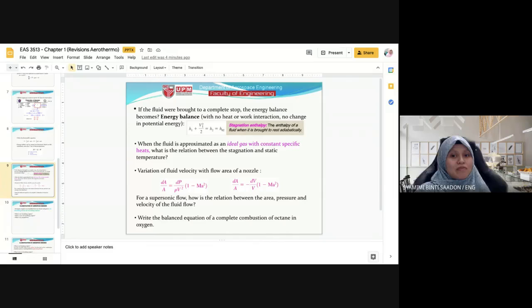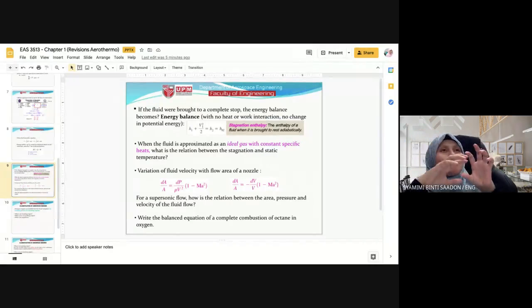When the fluid is approximated as an ideal gas with constant specific heats, meaning we use specific heat Cp, we assume ideal gas. What is the relation between the stagnation and static temperature? Or you may read it as the relation between the total and static temperature? Maybe it's easier to refresh if we read it as total and static.